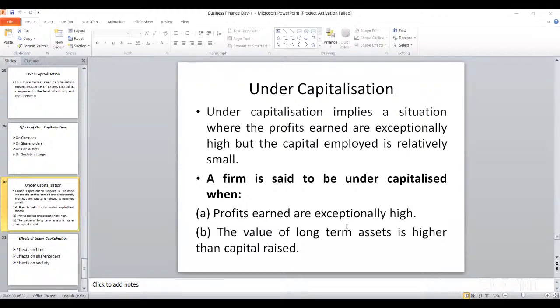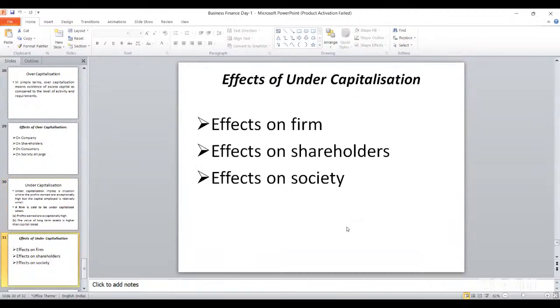And for this undercapitalization also you have certain reasons. How does it affect your firm, how does it affect your shareholders, and how does it affect your society? Coming to the first, the effect on your firm.